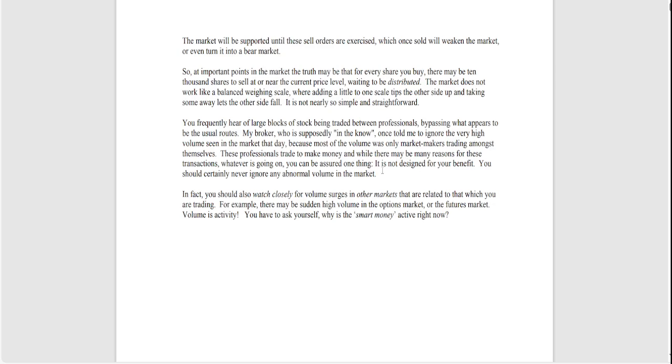But you should never ignore any abnormal volume in the market. Whenever volume is high or ultra high, never ignore it. It's the indication of the players who are active at that particular stage. So you should watch closely for volume surges in other markets as well as the one you are trading. It means you should focus on the futures market too.